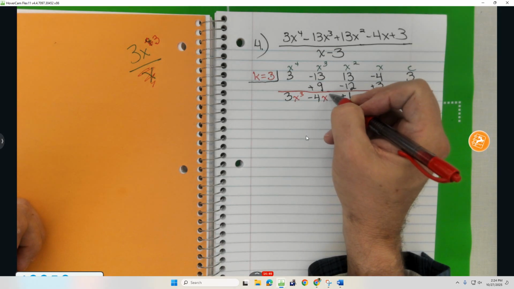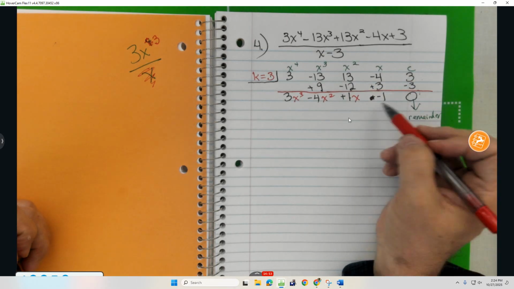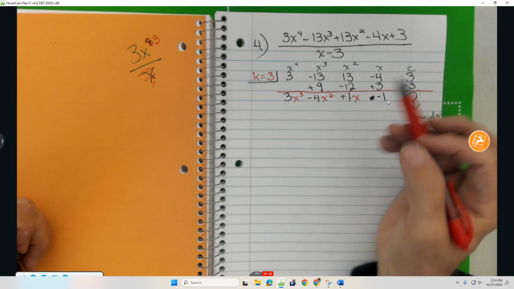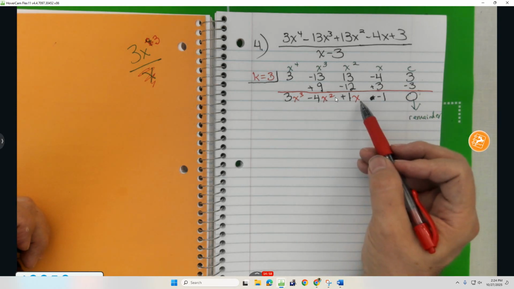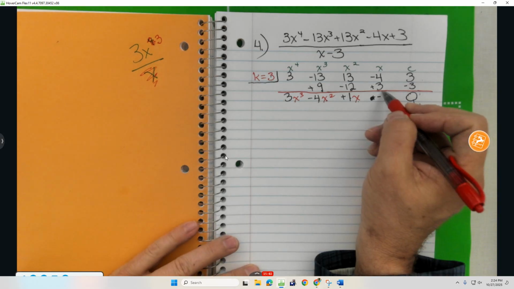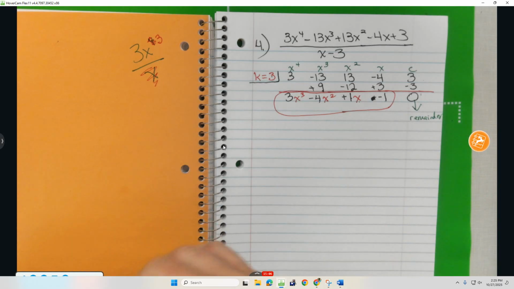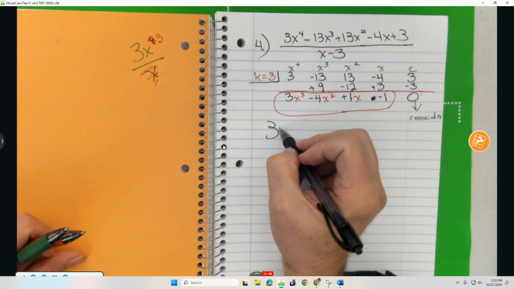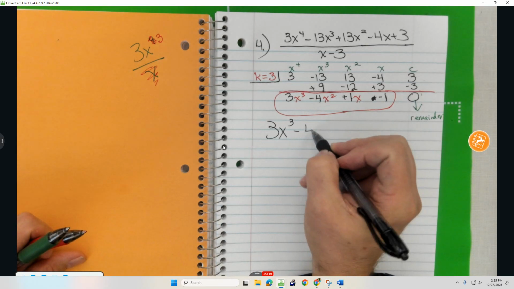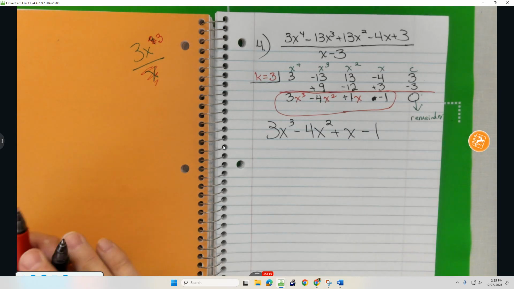Minus 4x squared plus 1x minus 1. We have x cubed, x squared, x to the first power, finally no x. Here's my quotient. I guess I'll write it all out. The quotient is 3x cubed minus 4x squared plus 1x minus 1.